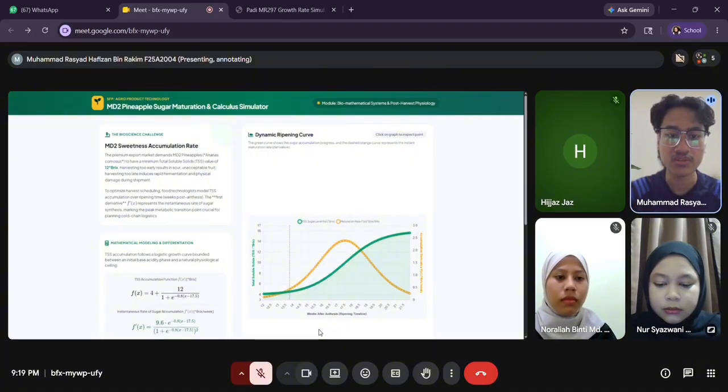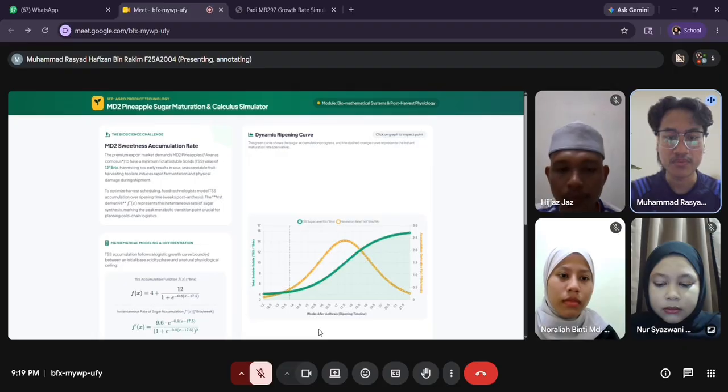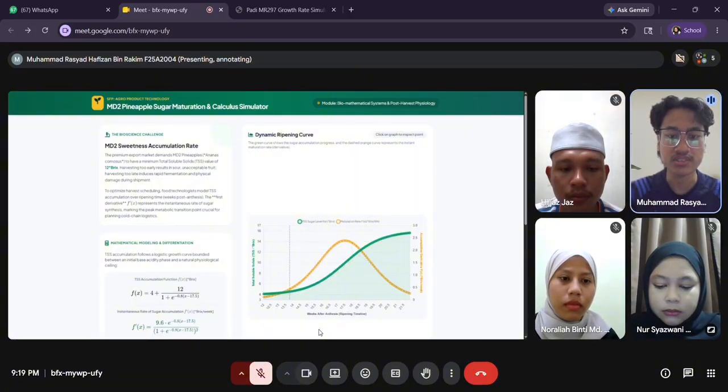It includes explanation, supporting information, and visual elements that make the topic easy to understand. The main goal of this project is to increase awareness and educate users about the selected bioscience issue while encouraging them to think about possible solutions.